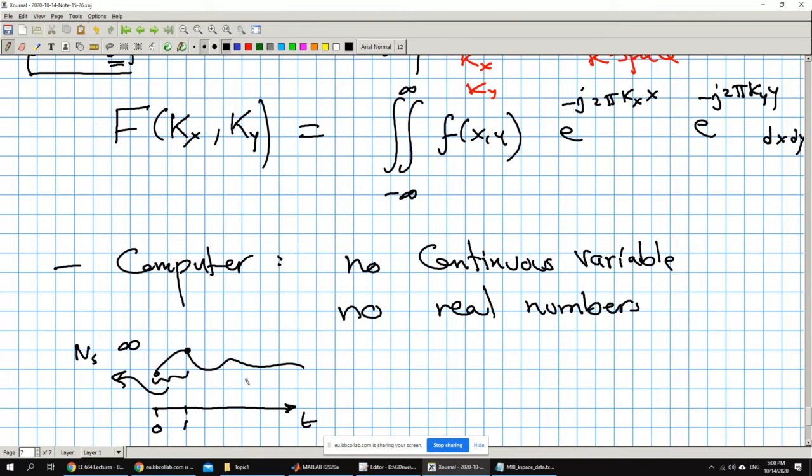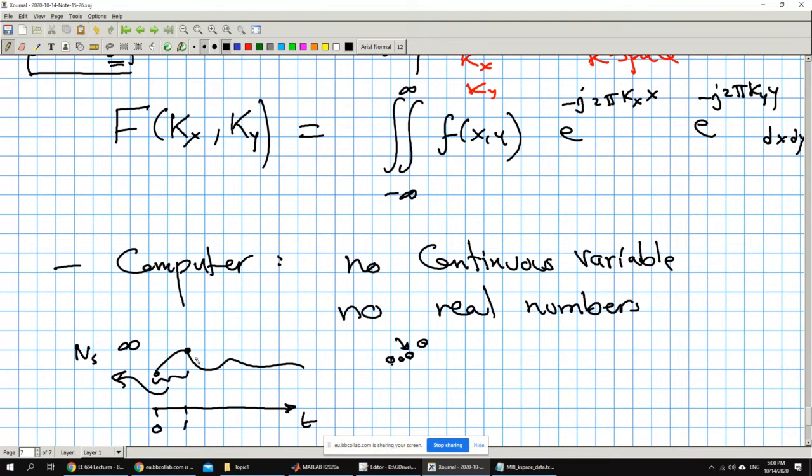Why? Because if you give me 2 points, I can get you another point in the middle. If you take this one and this one, you can find one in the middle, and you can keep doing that forever. So you have an infinite number of points.